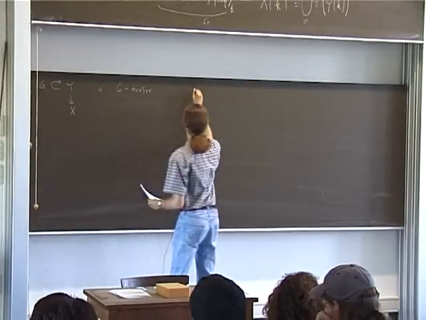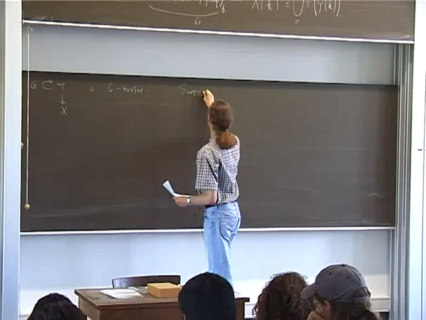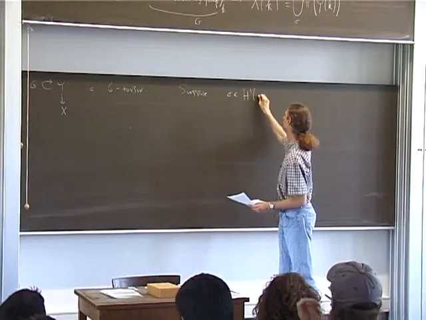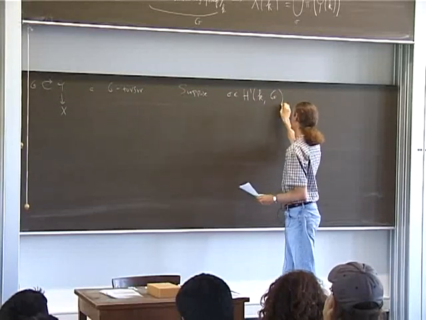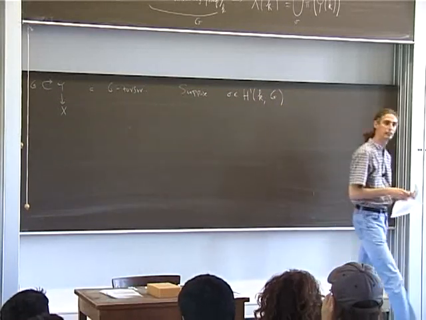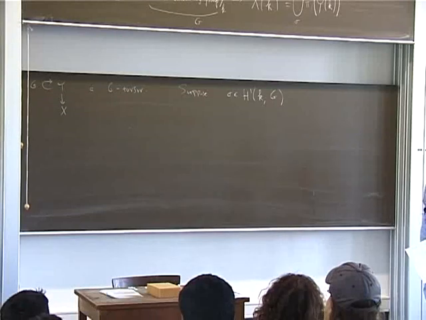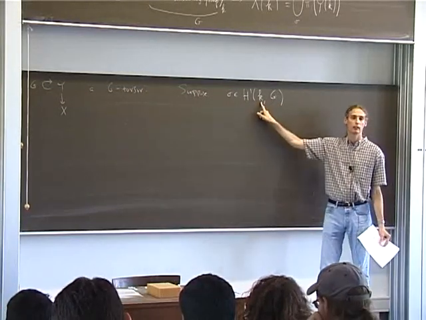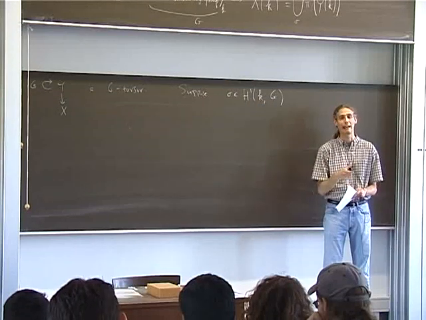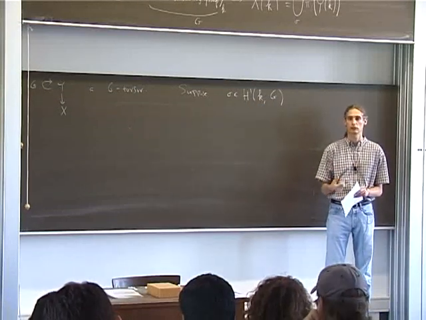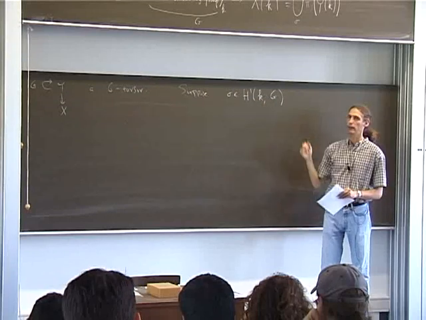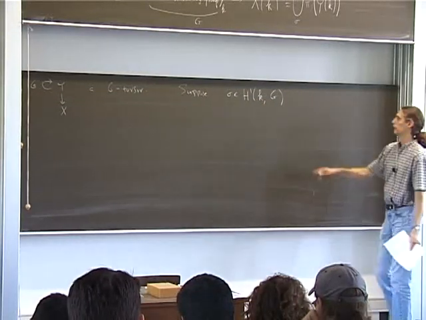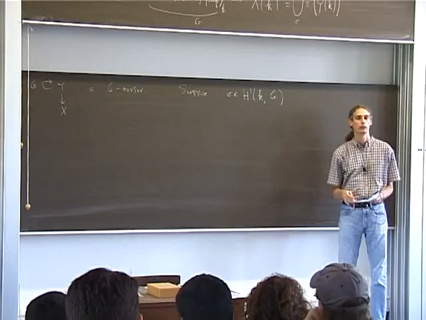Suppose sigma is an element of, now, what is this that I've written here? Well, you can view K as a scheme, Spec K. It's a point over K, and it has an étale topology, so this is an étale cohomology group.